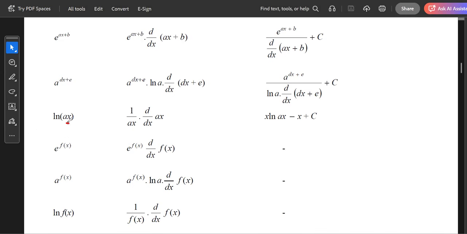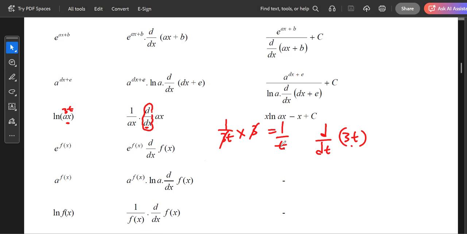So 3t can be taken as just ax. It's a linear, so it's going to be 1 over 3t, times the derivative with respect to t of this 3t. So if we differentiate 3t, guys, it is 3. So that is it. It's going to give us 1 over t, just like that.